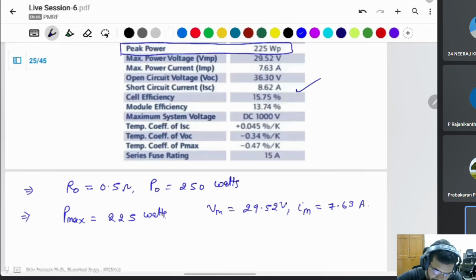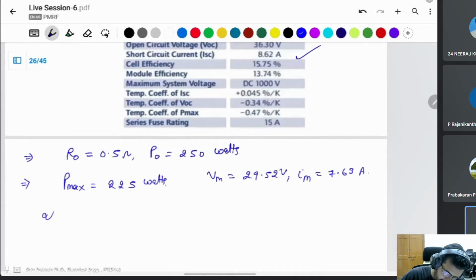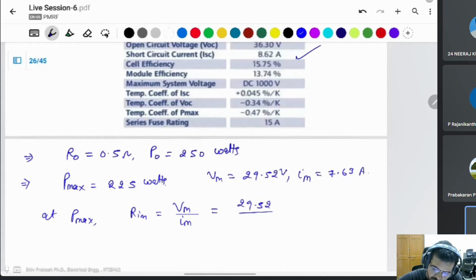Then at maximum power point, P max, the input resistance is the input voltage of the converter divided by the input current of the converter, which is VM divided by IM for P maximum. 29.52 divided by 7.63.